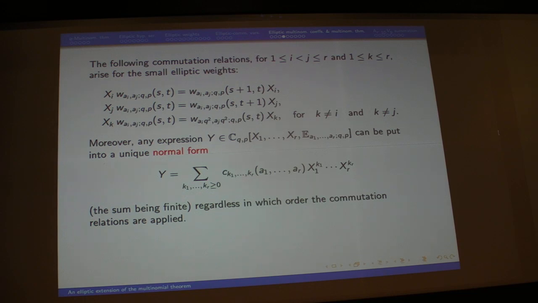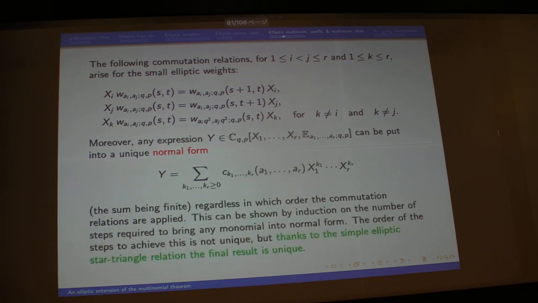Okay, one can normalize everything, and the point is that the result will be a unique form. The way to normalize will be not unique. But thanks to the so-called simple elliptic star triangle relation I showed you before, the result is always unique.